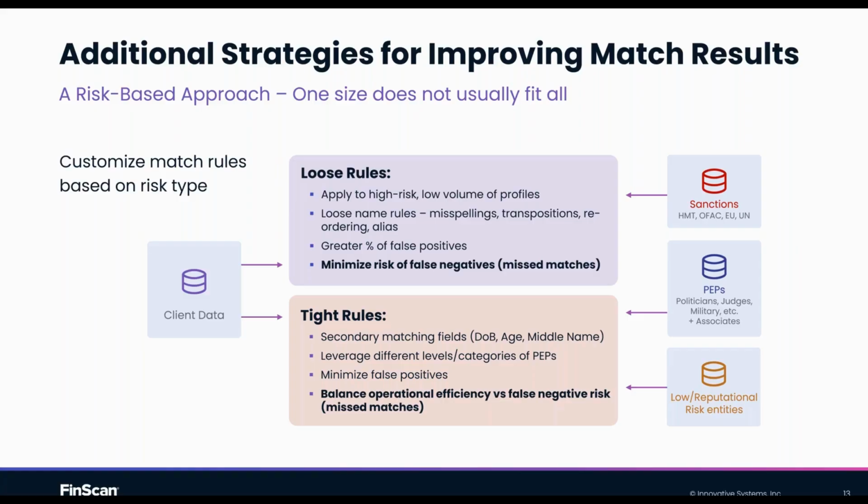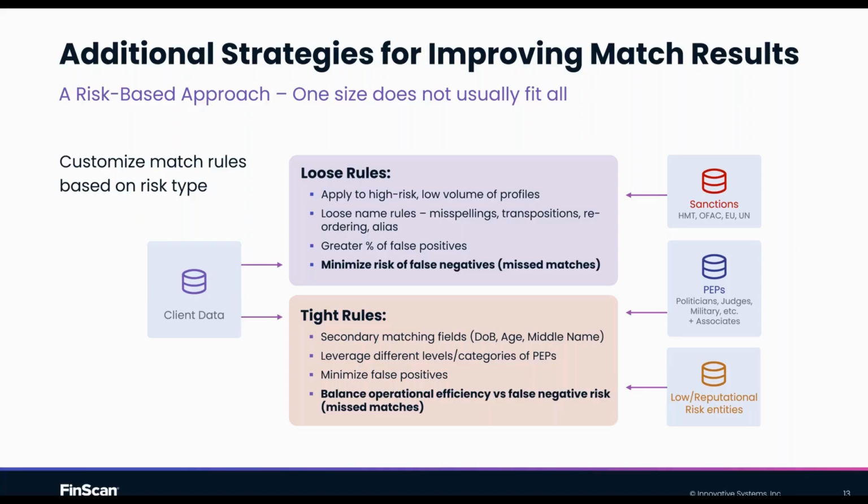So it might be that you use loose rules for something that's particularly high risk, sanctions, for instance, or other significant terrorist or law enforcement lists. You can afford to do that because there's a low volume of profiles. If you're going to be looking at all globally sanctioned individuals and entities, some analysis I did, I think back in October last year, showed there was just over 60,000.